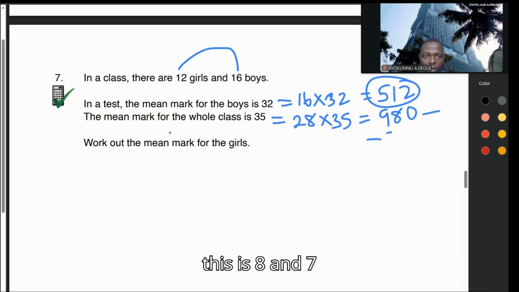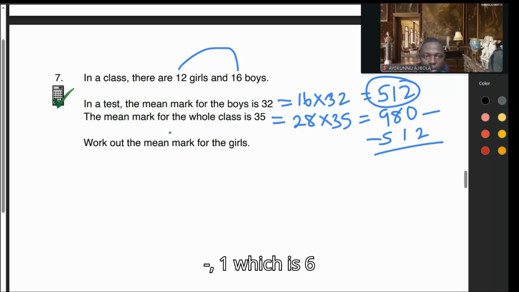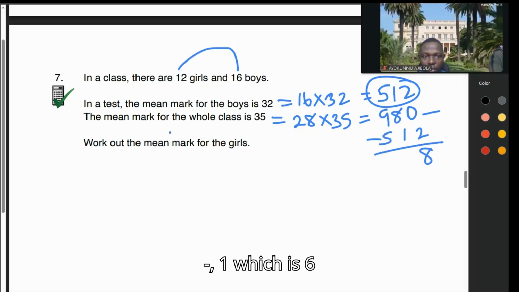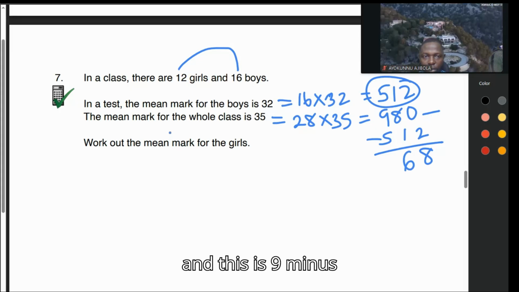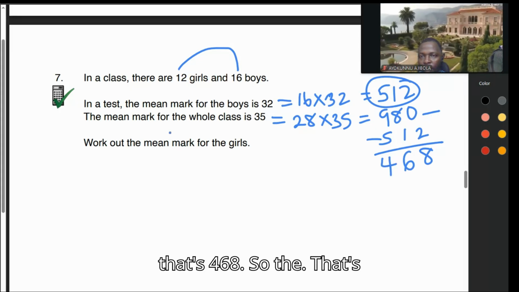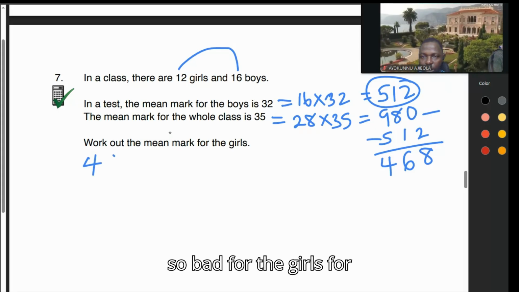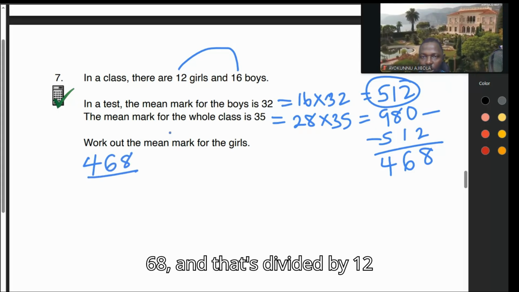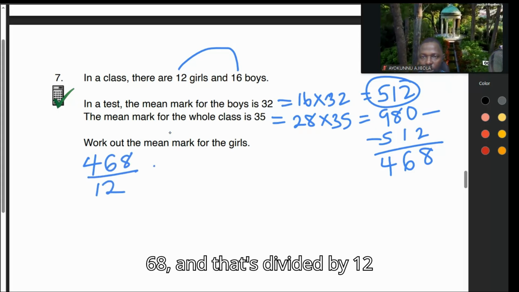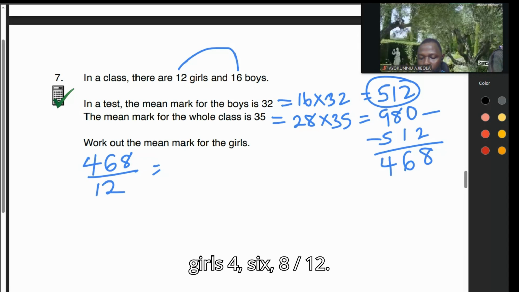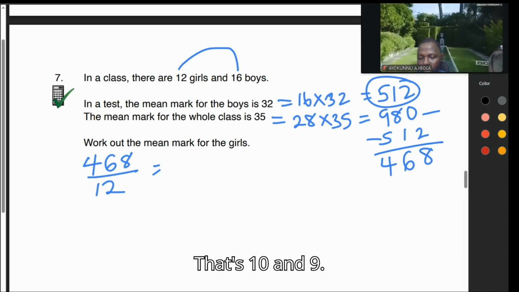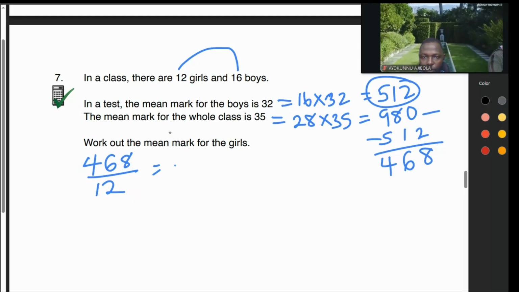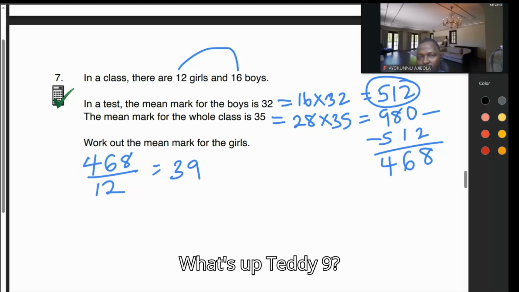That's 468. So the total mark for the girls is 468, and that's divided by the 12 girls. 468 divided by 12 is 39.